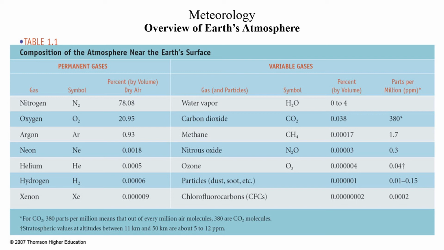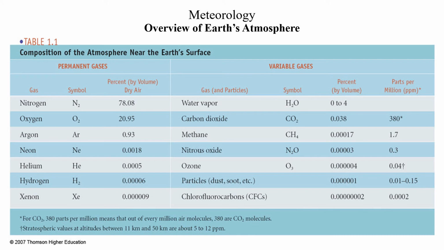Ozone is an excellent absorber of ultraviolet solar radiation, and it filters out enough of this radiation to protect life from potentially deadly effects such as burning our skin and skin cancer.